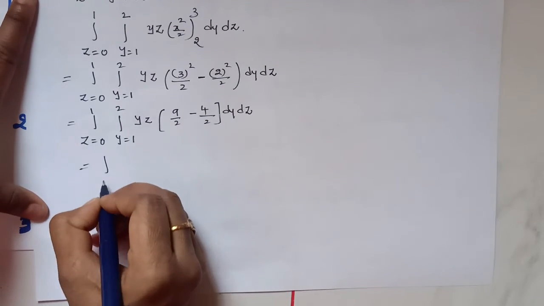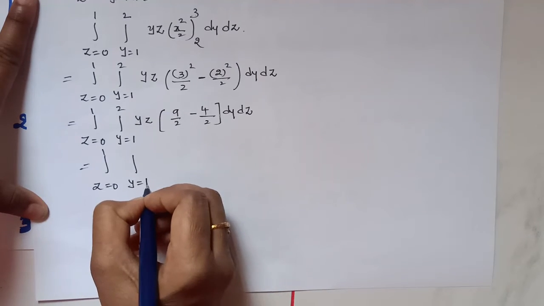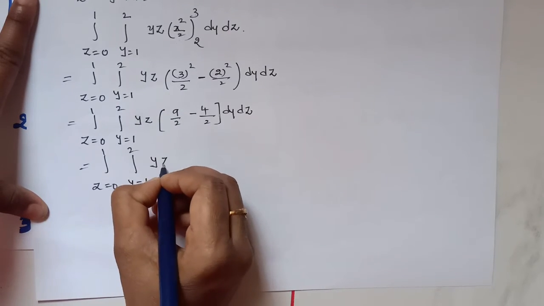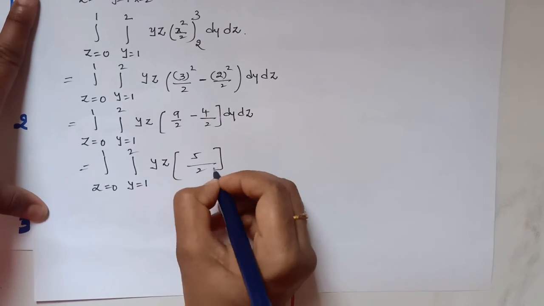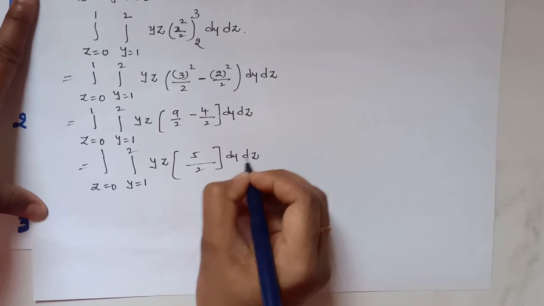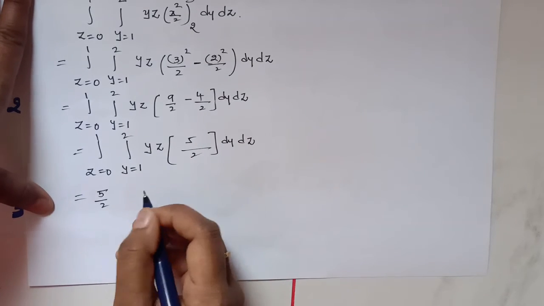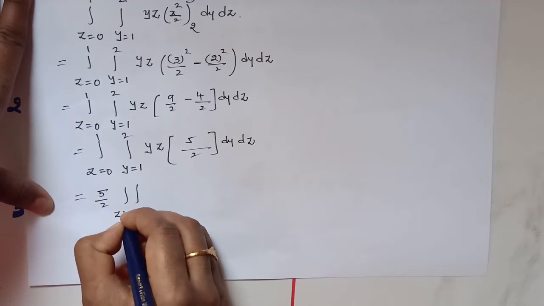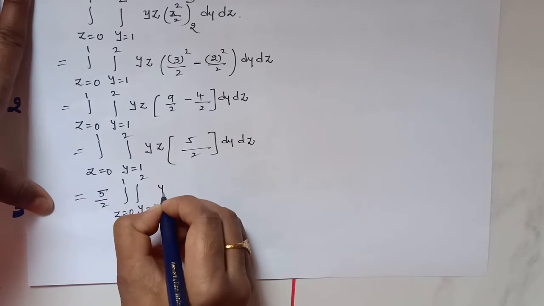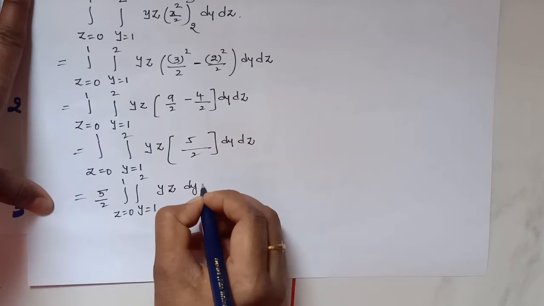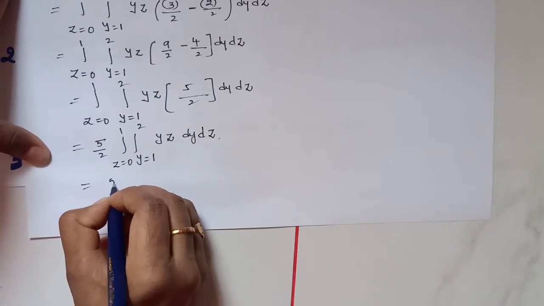This is equal to integral z is equal to 0 to 1, y is equal to 1 to 2, yz into 5 by 2 into dy dz. You can write 5 by 2 outside of the integral because it is a constant term. Now integrate with respect to y.